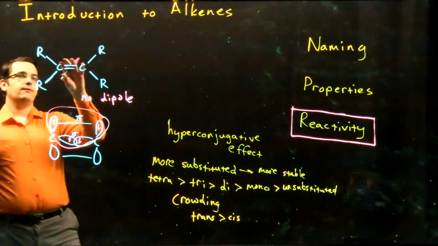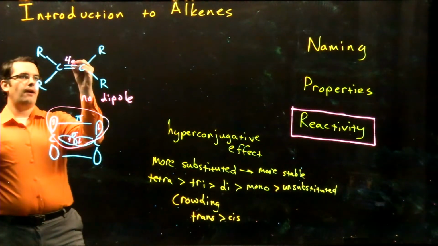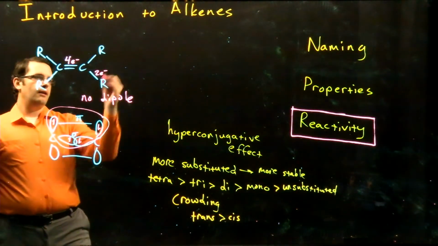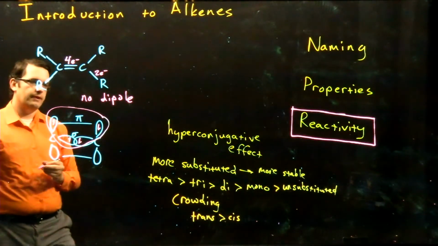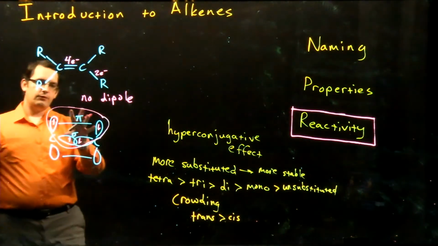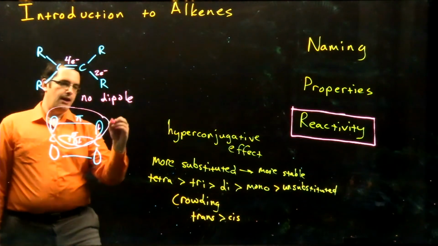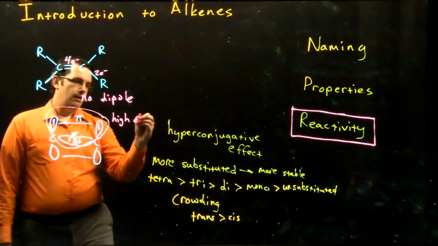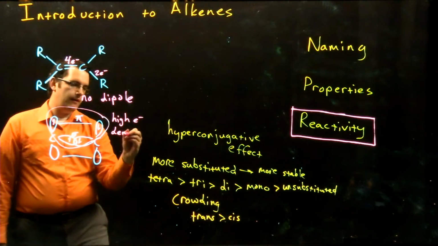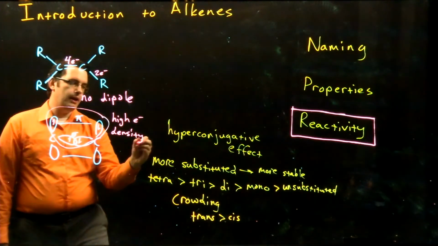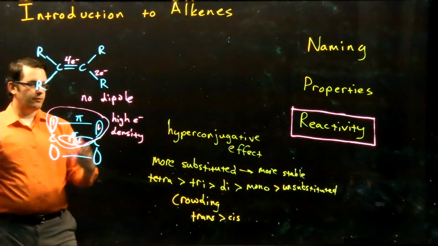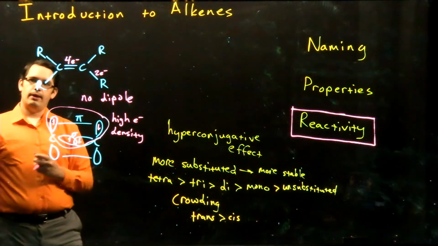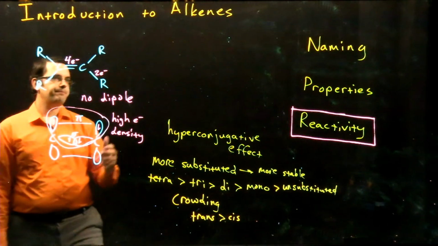So that double bond has 4 electrons crowded together in one space compared to our normal bonds that just have 2 electrons. So this does represent an area of high electron density. And of course, because of that, that makes it a reaction center, right? It's reactive because it has a lot of electrons that it can use to create a reaction.